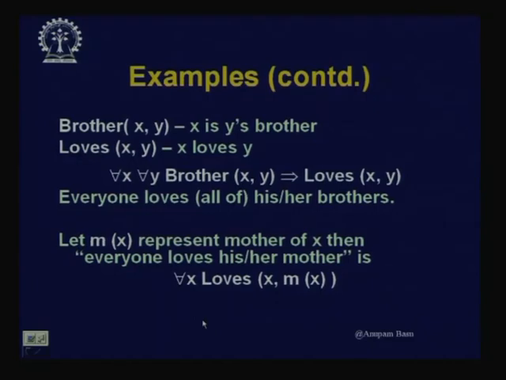So, these are some examples of first order predicate logic sentences. Now, till now we are giving examples from our day to day usage, but when we come to a little more mathematical domain, then also we will find that first order logic can express many things in a very powerful and succinct manner.